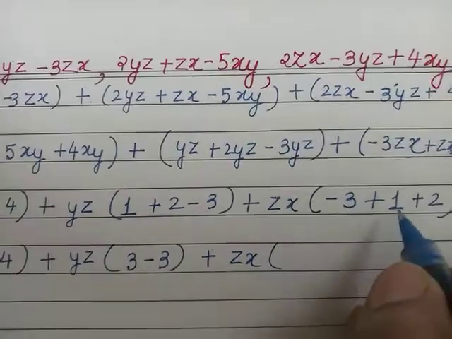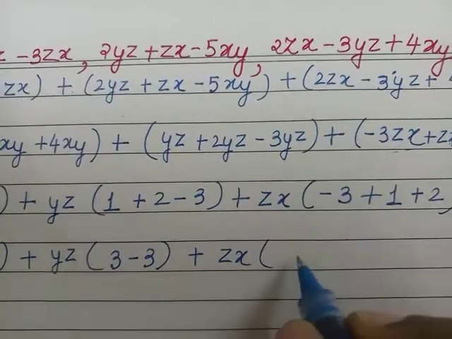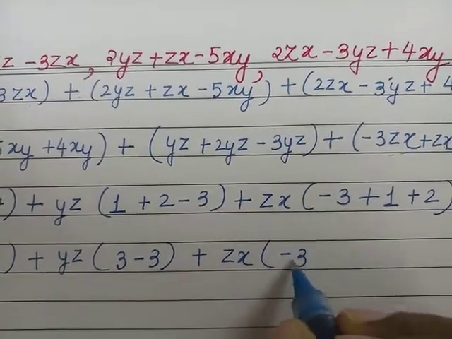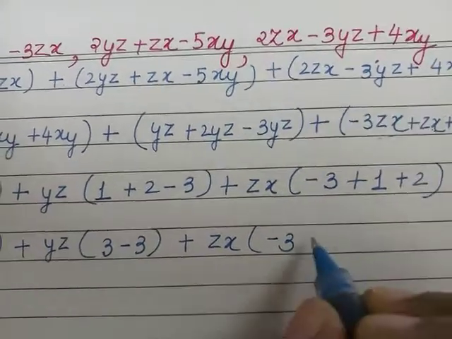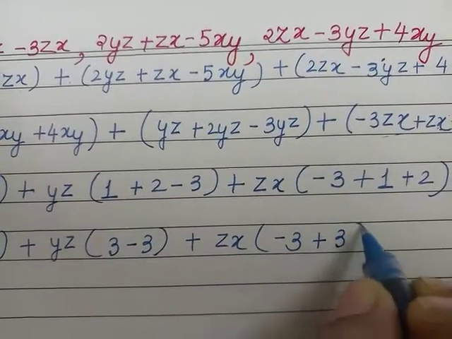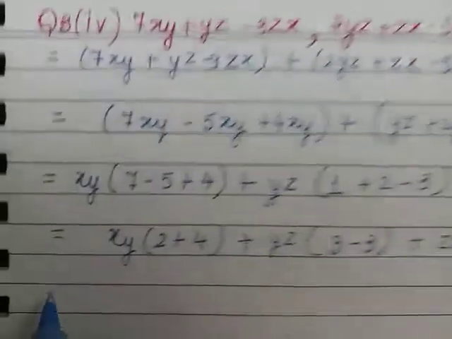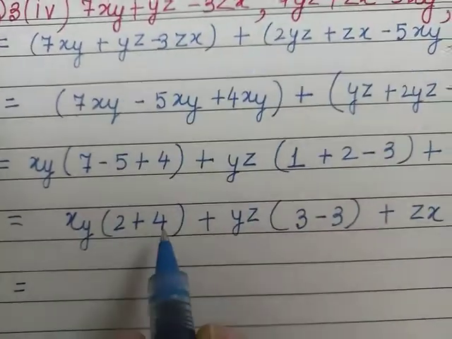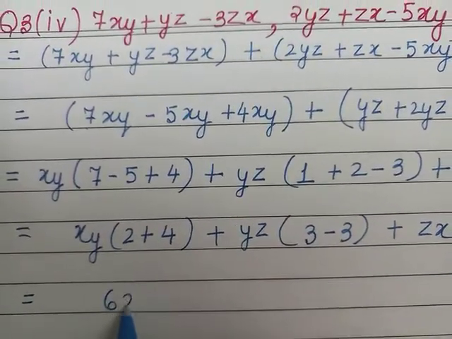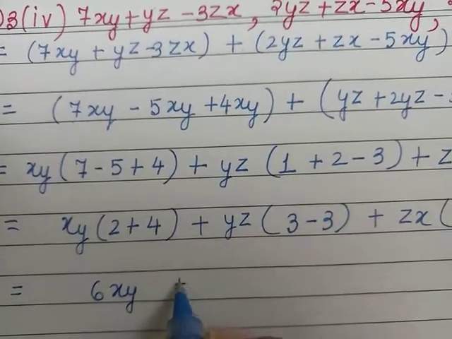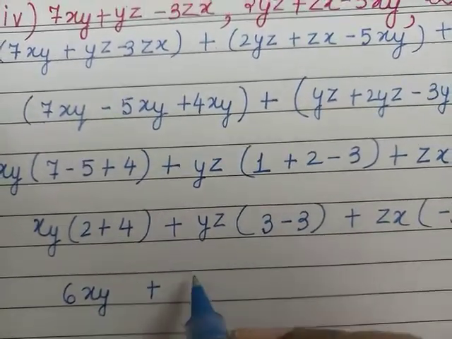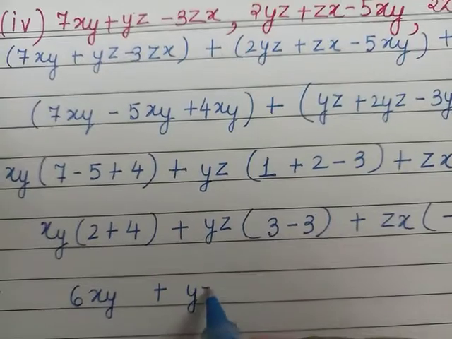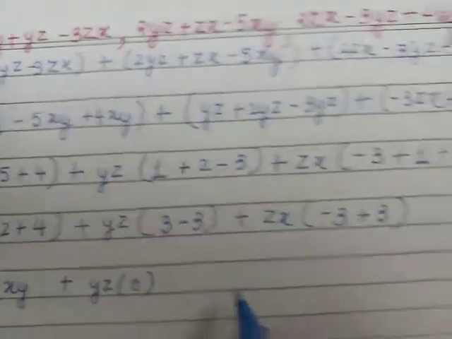Then we have zx. Minus 3 plus 1 give you minus 3. I write as it is. 2 plus 1 will give you plus 3. Okay. Then we have 4 plus 2 is 6xy plus 3 minus 3 is 0, then it is becoming 0 here.